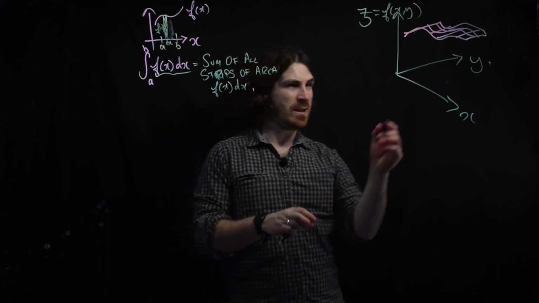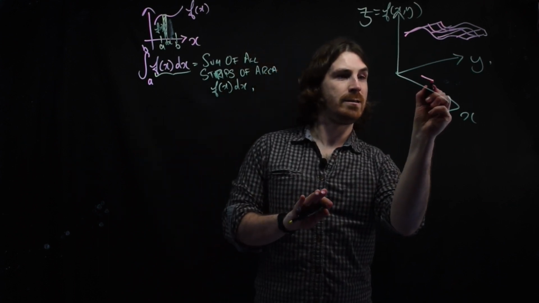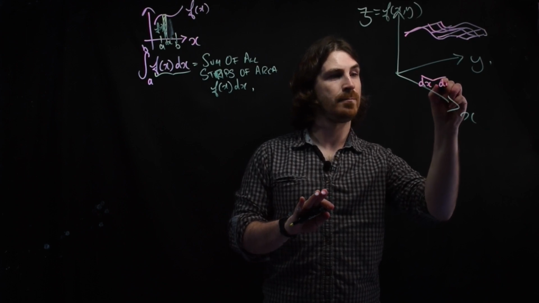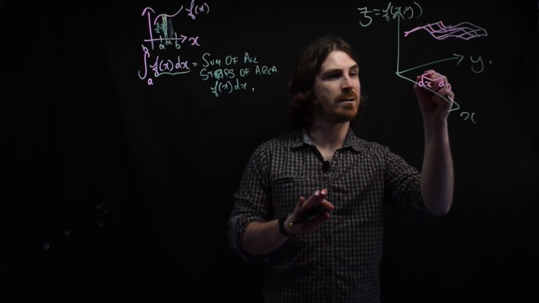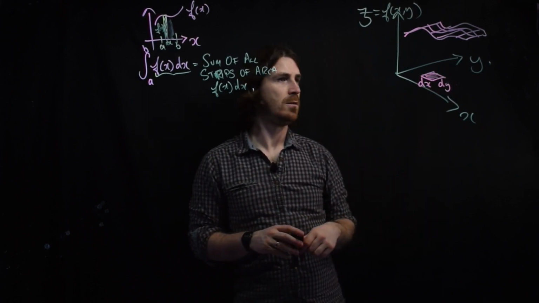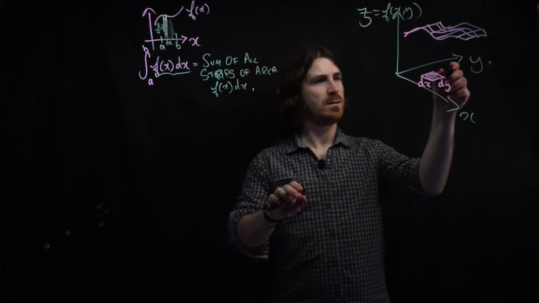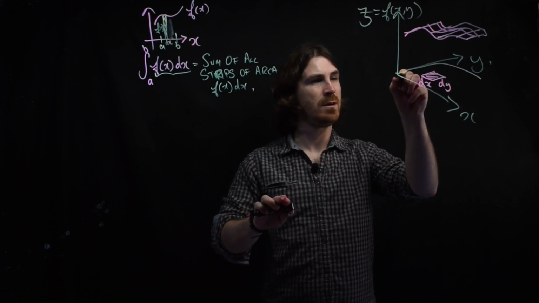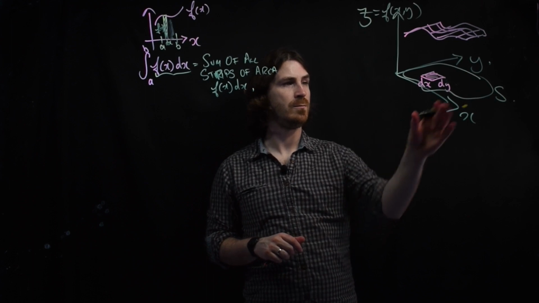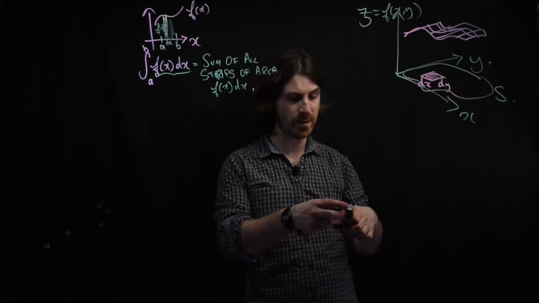Let us think about a little dx and dy. So we're thinking about a little rectangle in the xy plane, and we're going to think about some region S that contains this rectangle.